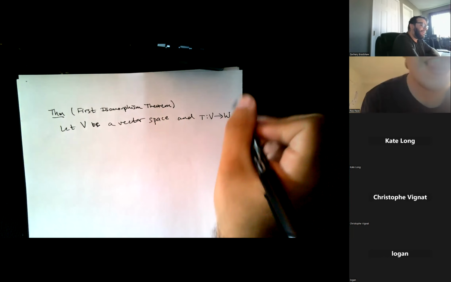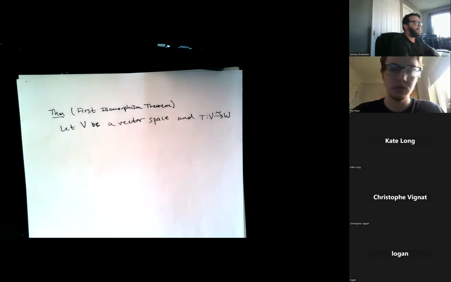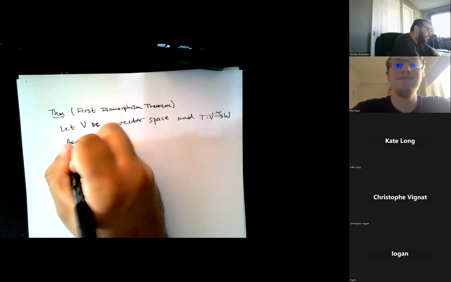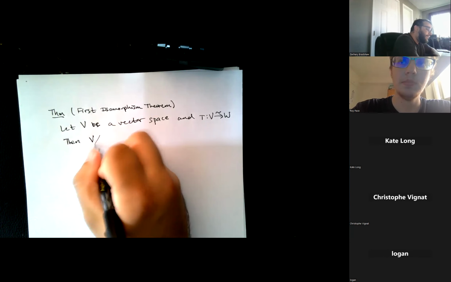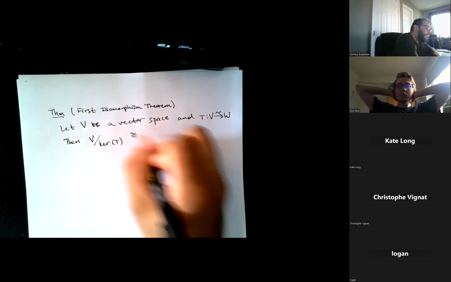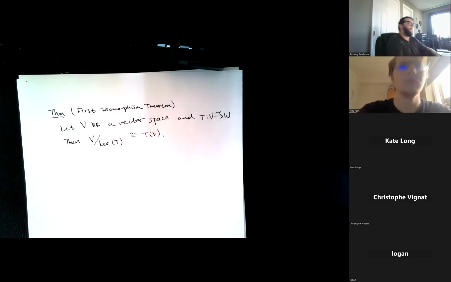Whenever I want something to be a linear map from now on, I'm just going to put a little tilde here, and that'll mean linear. Then the first isomorphism theorem tells us that V modulo the kernel of T is isomorphic to the image of V.